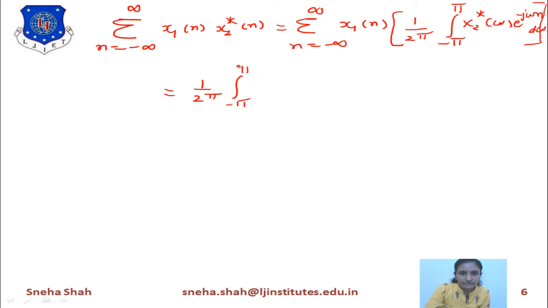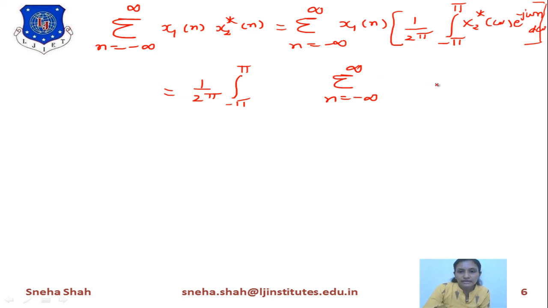Then we will first write the integration, and then the summation. Summation is over n, so all the terms with n will come over here, otherwise they will come outside. In this the term of n, x1 of n, will be written over here. Next term is x2 star of omega, it will go outside.